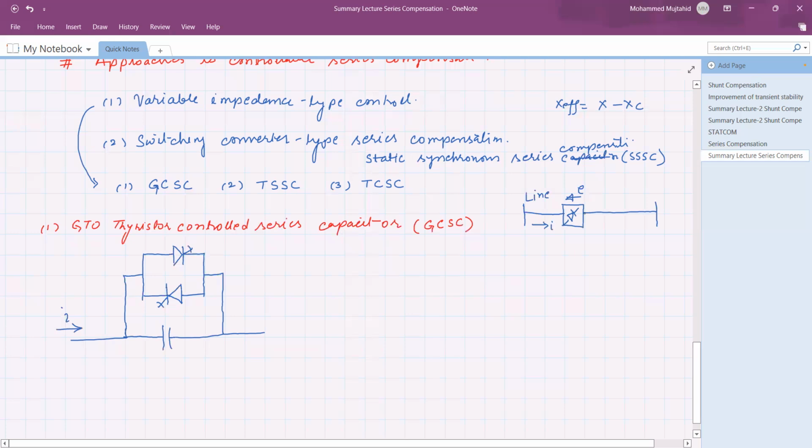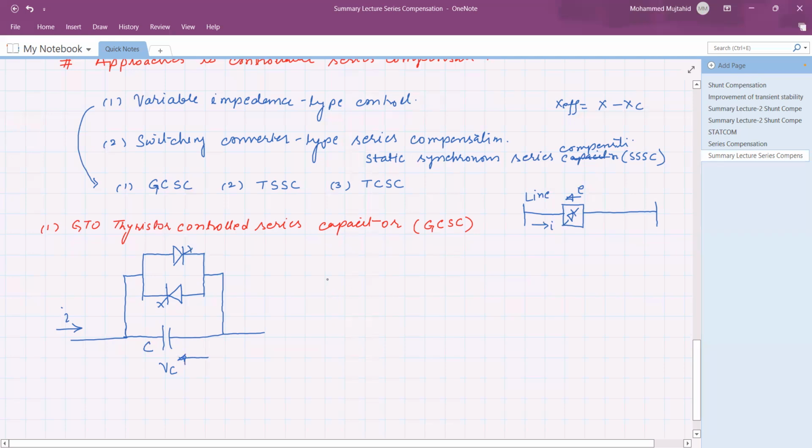The injected voltage, either by the capacitor or by the switching converter type mechanism, should be in phase quadrature with the transmission line current I. So this is the capacitor C, and our objective is to control the voltage across the capacitor.